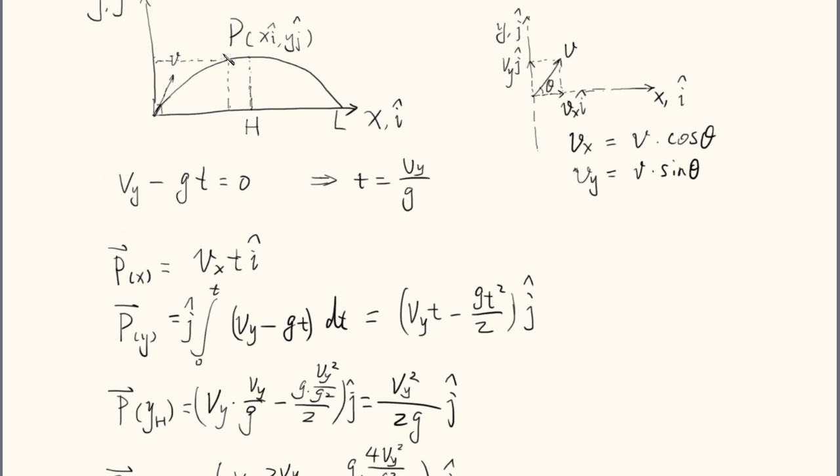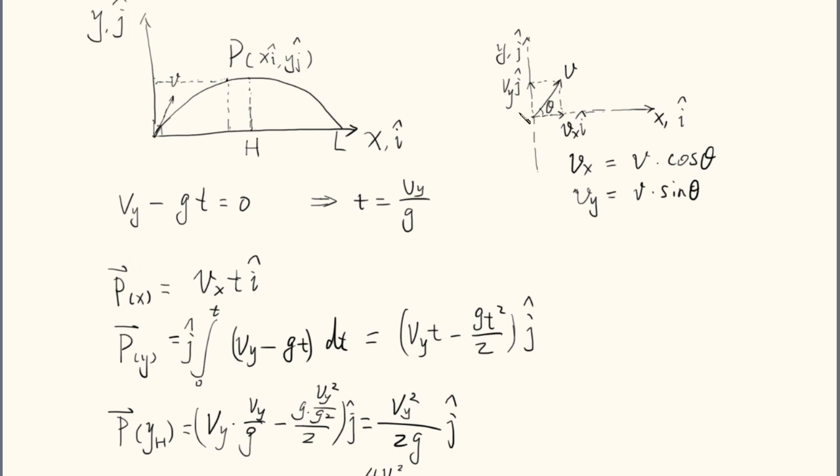From the point P, we can get px and py. Py is the distance traveled on the vertical, the position on the vertical line, and it is a vector.